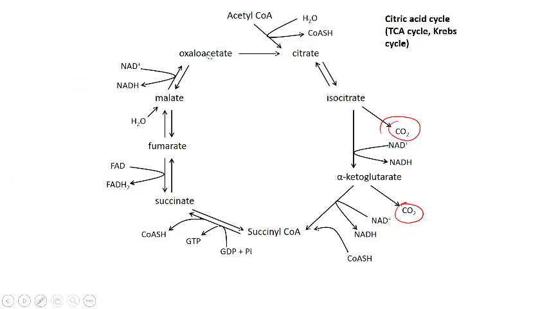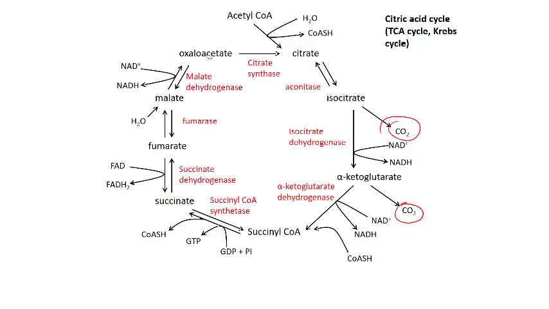All right, so the names of all the intermediates in the citric acid cycle are given on the screen in black. The names of the enzymes that catalyze these reactions are shown in red. There are 3 of these reactions that are especially important that you need to be responsible for.